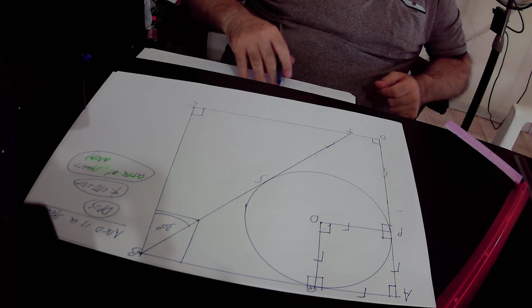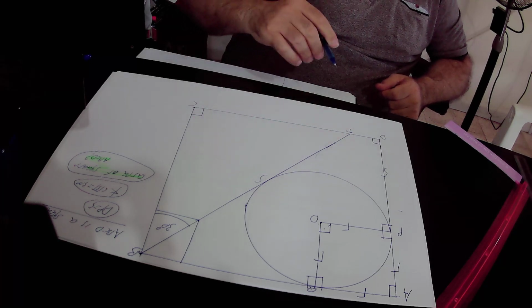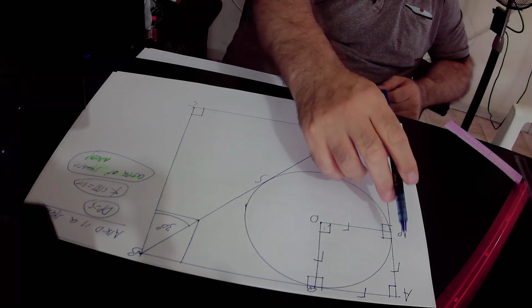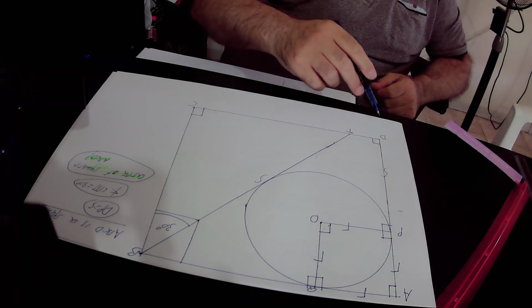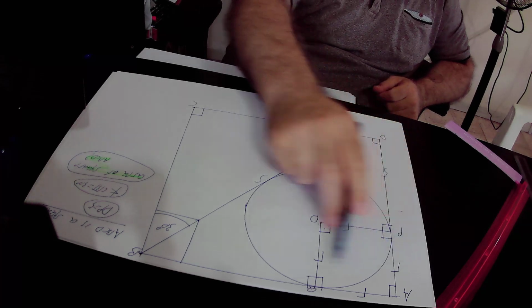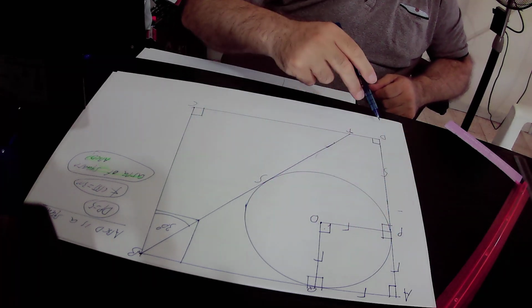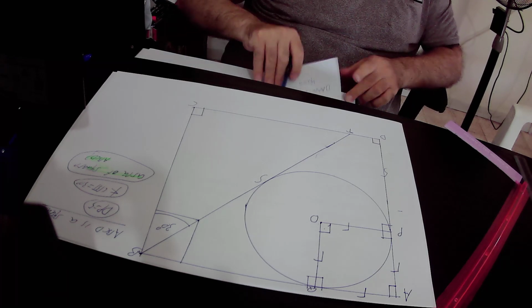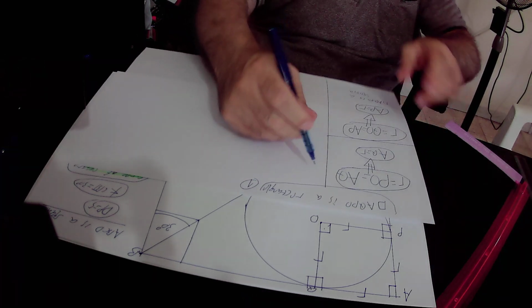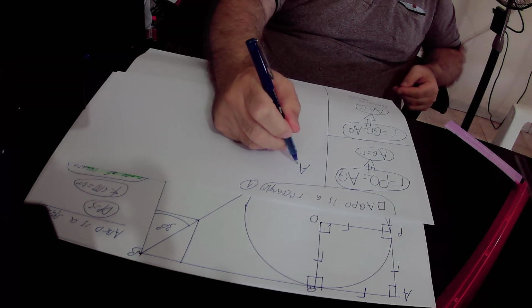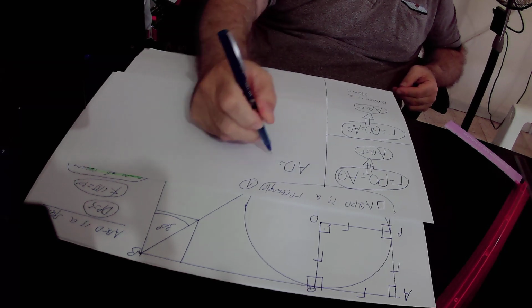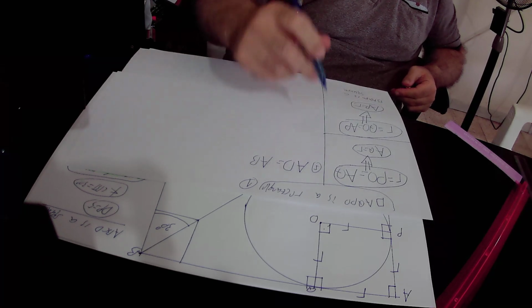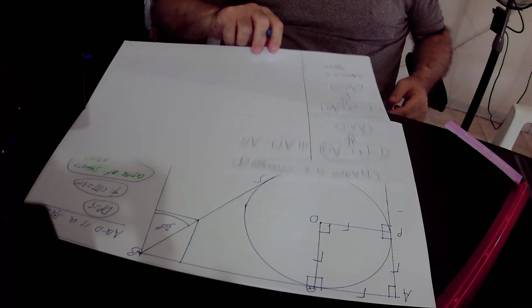And because ABCD is a square, all of its sides are equal to each other. That is to say, side AD equals side AB. In square ABCD, AD equals AB.